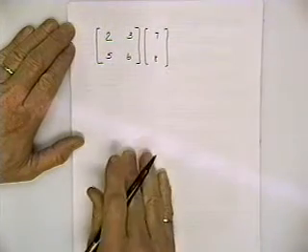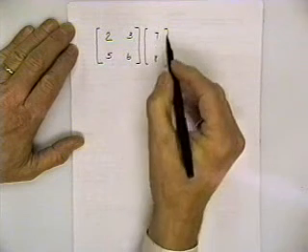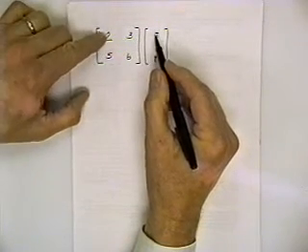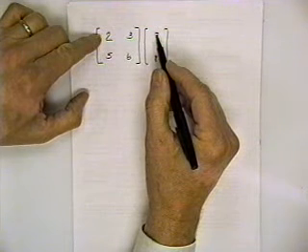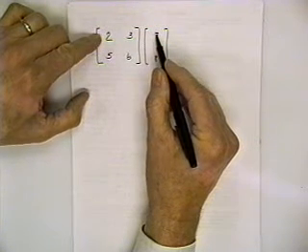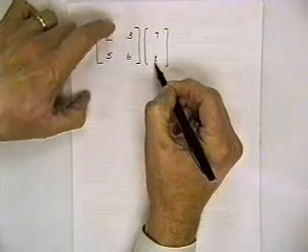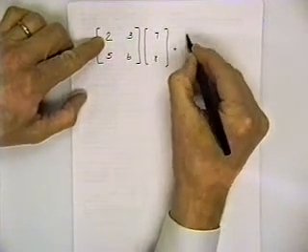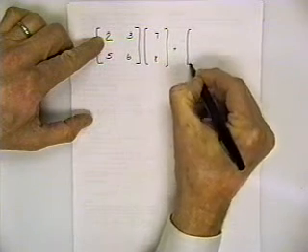I'm making these numbers up as I go along. The way matrix multiplication works is you take a row of the matrix on the left and multiply it with the column in the matrix on the right.